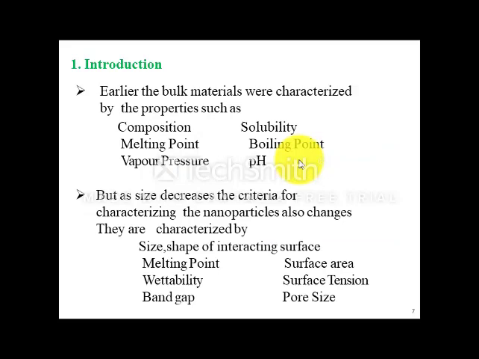It has been observed that in earlier times bulk materials were characterized by properties such as composition, solubility, melting point, boiling point, vapor pressure, and pH. So these are the earlier studies about bulk materials. But as the size decreased, the criteria for characterization of nanoparticles also changed.